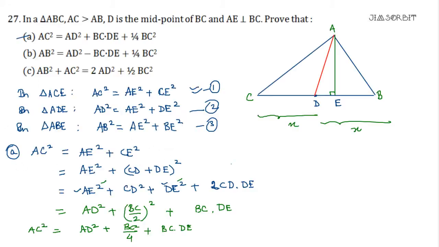So now in the second part, let us use this equation. Come back. See this. You want AB square, so use the third equation. Do the same thing. Now for BE, what can we write? Cannot we write BE as BD minus DE? Correct. We will do the same thing. Okay. So I'm using this third equation. Remember.